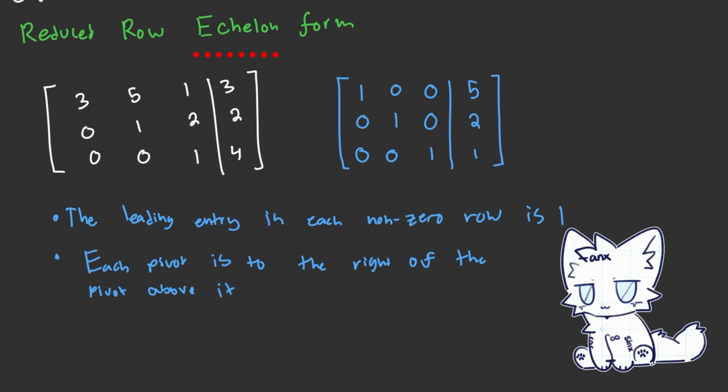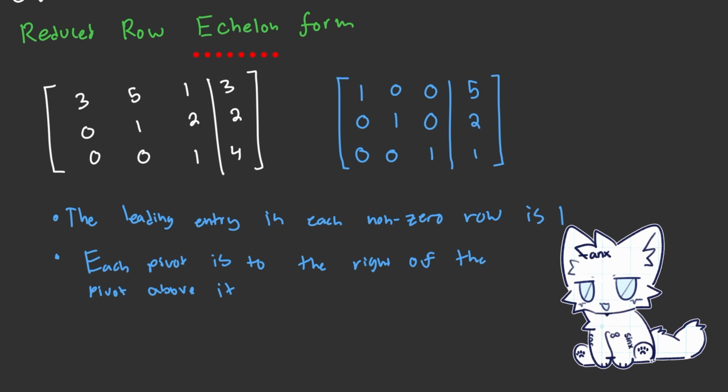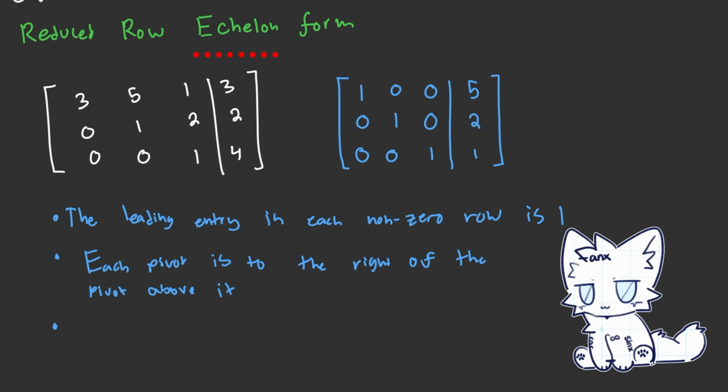Alright? And let's write that down. So a more precise way to define it is that each pivot is the only non-zero entry in its column.